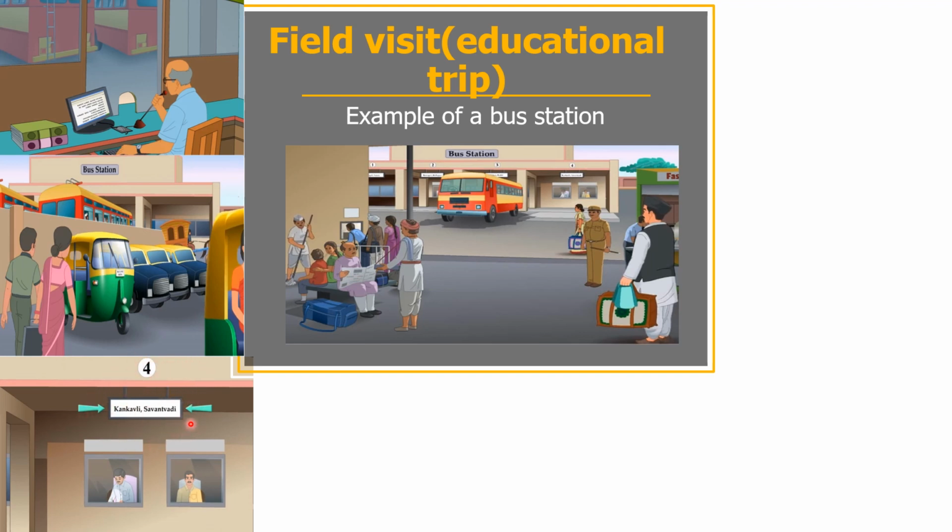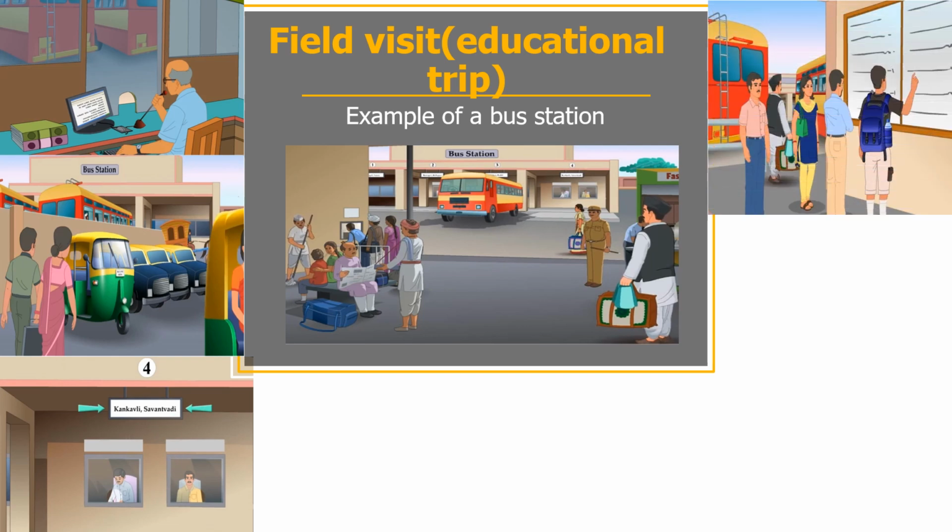So here we have an example of platform number 4 where the bus will be standing, moving to places Kankavli or Savantwadi. Not only that, there is a board at each platform to indicate the place where the buses will be arriving or departing.